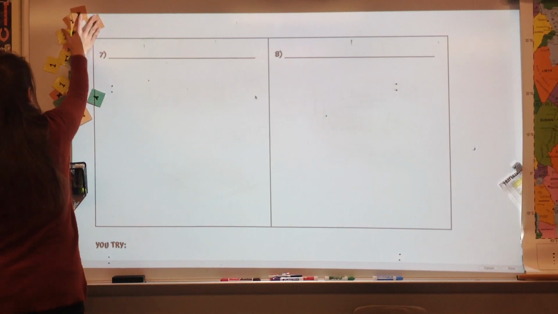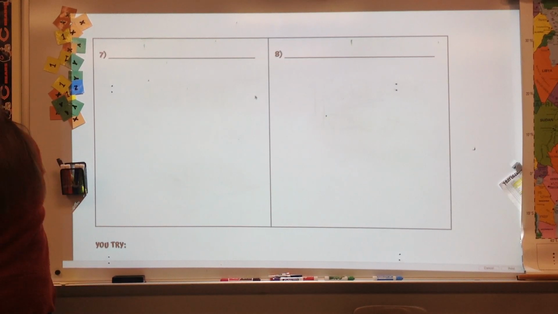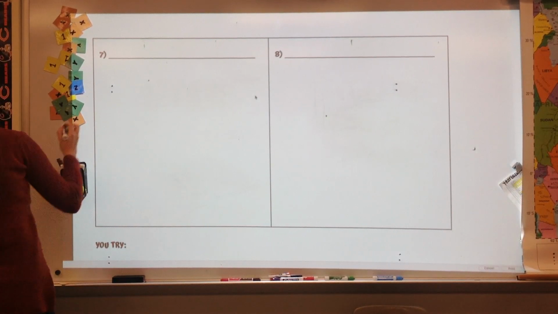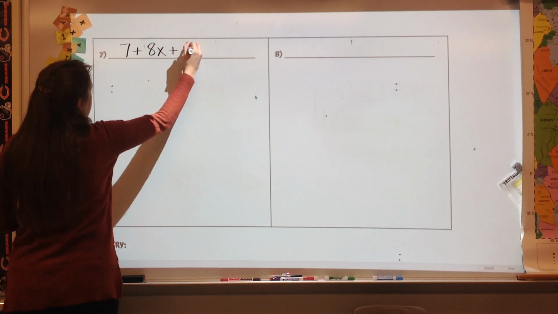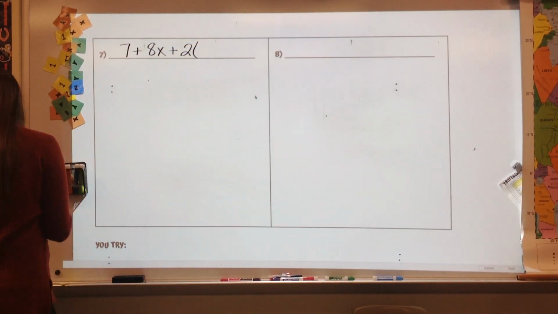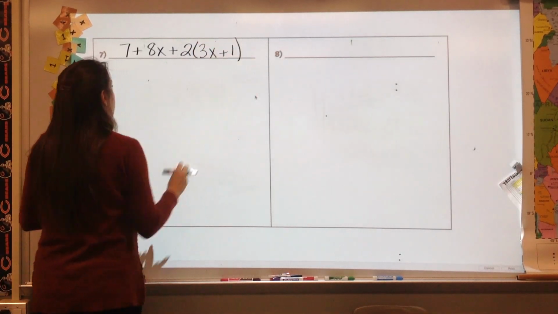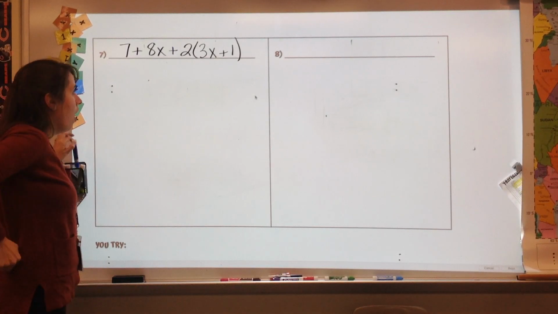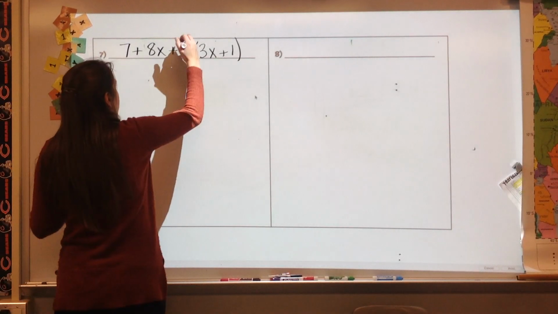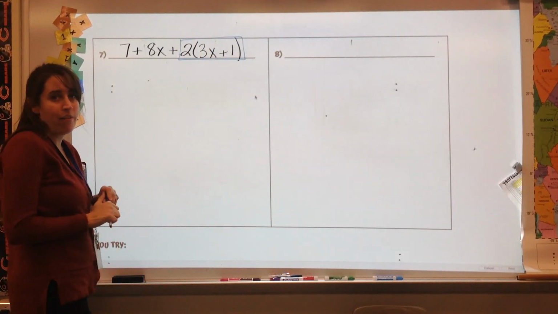All right, number 7. 7 plus 8x plus 2, and then in parentheses, 3x plus 1. So again, first thing we ask, are there parentheses? Yes, there are. So I'm going to highlight this part here that includes the number on the outside, because that's the number that we have to distribute.